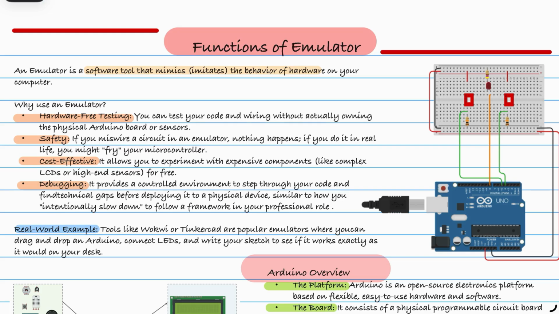So you simply drag and drop a virtual Arduino and create your own connection via virtual wires to an LED or sensor, and write your code in C++, right, and hit play to see it run exactly as it would on your physical desk.